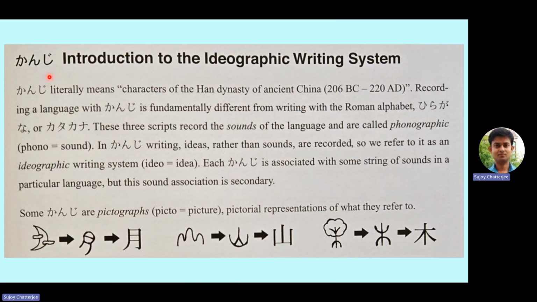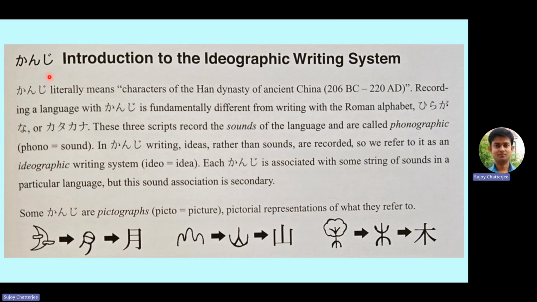But in Kanji writing, ideas rather than sounds are recorded. That means it's no longer individual sounds, but it's the overall idea, the concept, some meaning that is delivered through one kanji symbol.